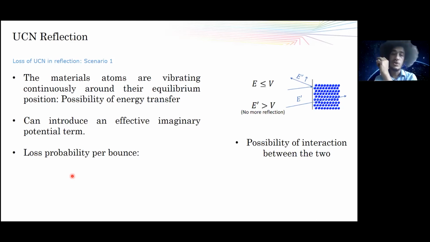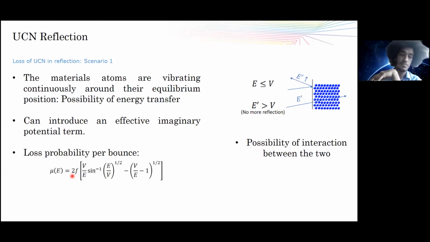And there is what's known as a loss probability for each bounce, which is given by this formula. So basically it depends on the loss factor that you can take into account by introducing an imaginary term to your potential and solving the time-dependent Schrodinger equation.